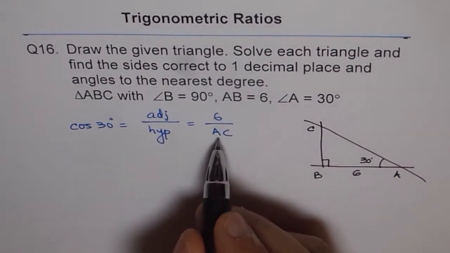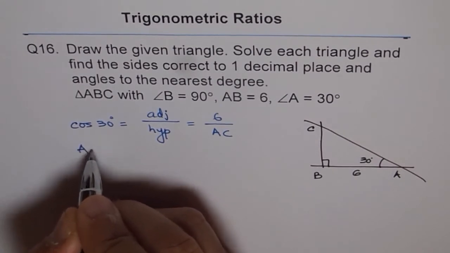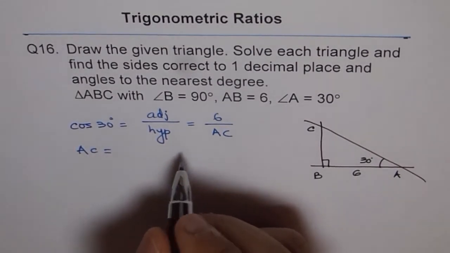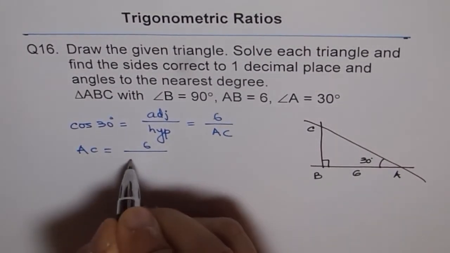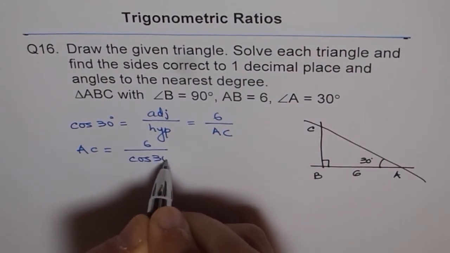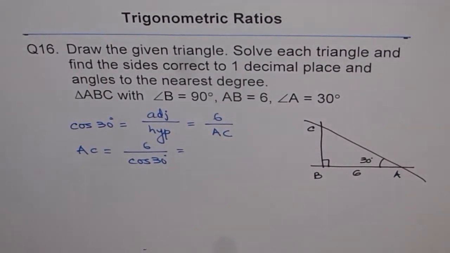Now from here we can find what AC is. So AC equals 6 divided by cos of 30 degrees, which is 6.9282.